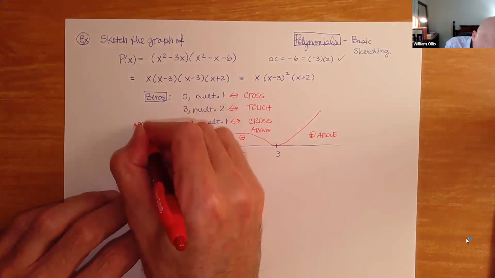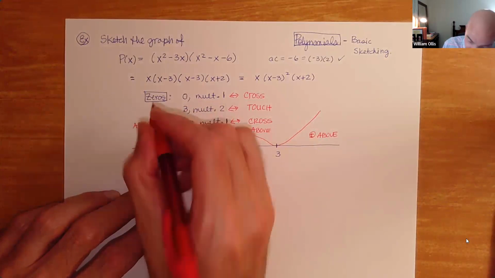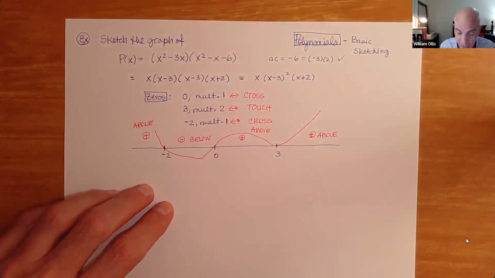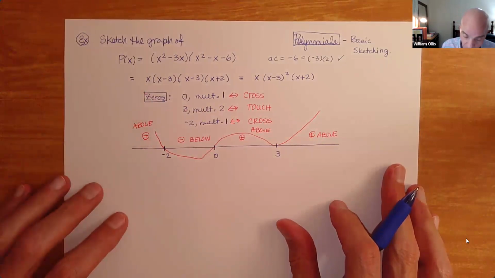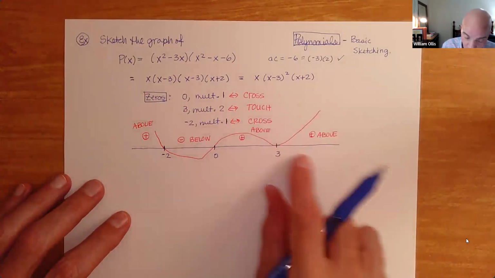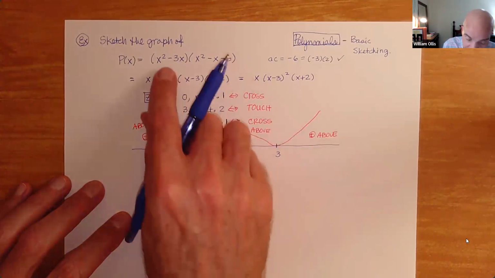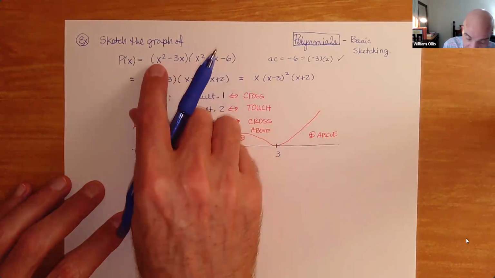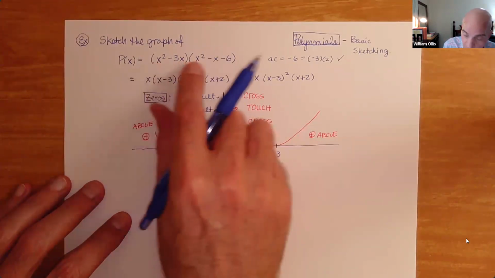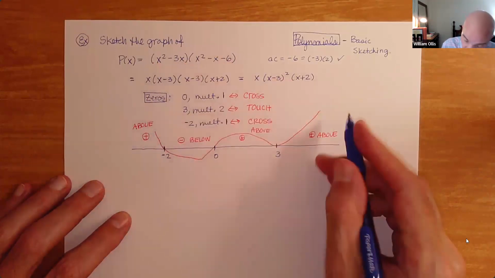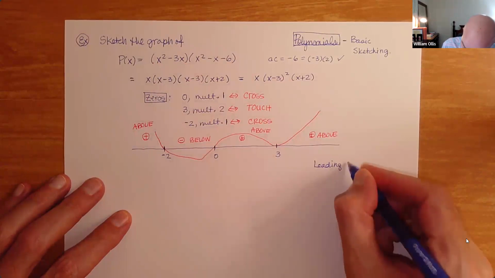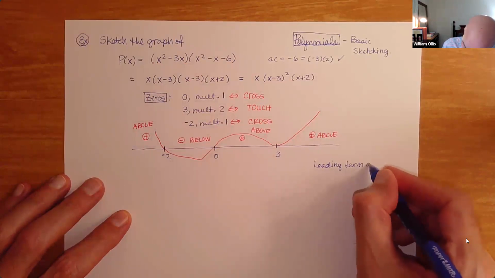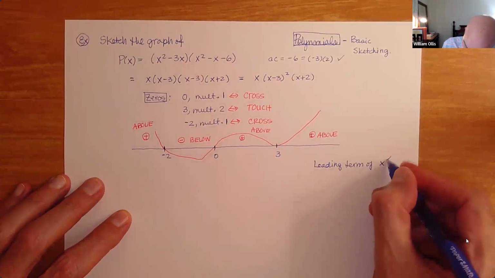Now, one thing that's nice about this sign analysis is that it automatically gives you, in this particular case, the end behavior. But notice if you wanted to do that separately, we can easily see that the leading term will just be the product of the two x squared terms. So we have a leading term of x to the fourth.